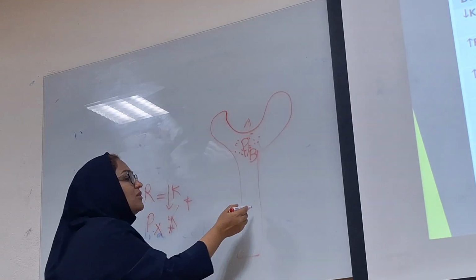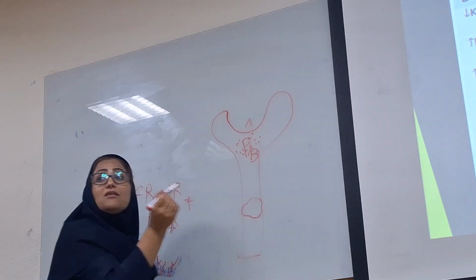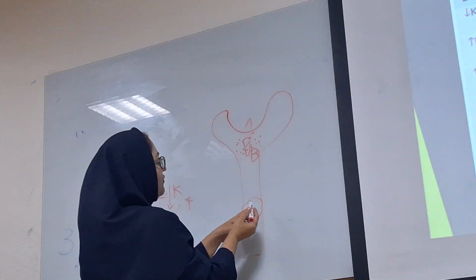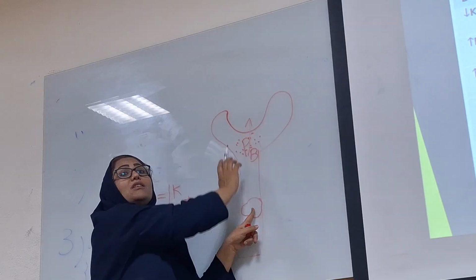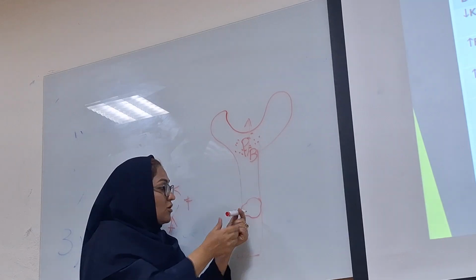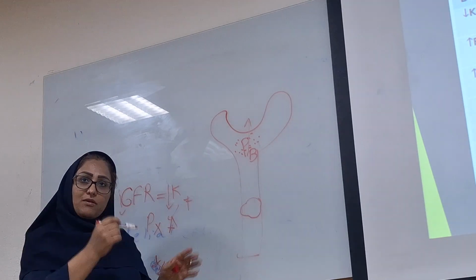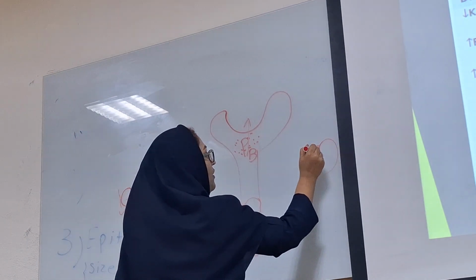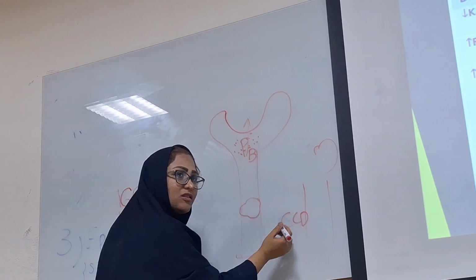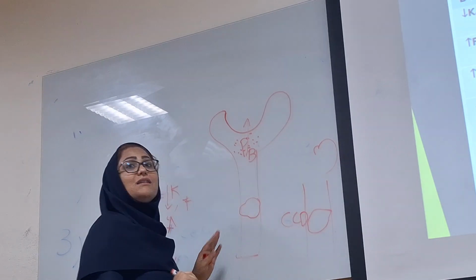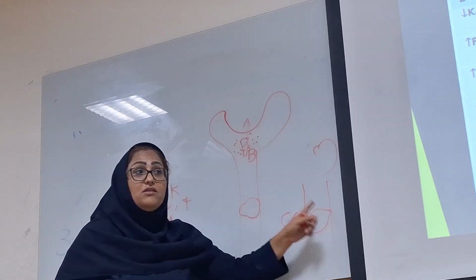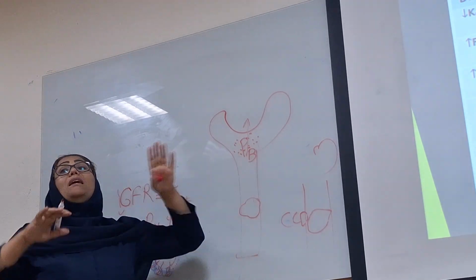PB increases as a result of a kidney stone at any point of a nephron. For example, suppose one stone is here; the function of this nephron is disturbed. Now suppose a stone is in a cortical collecting duct. In all nephrons connected to this cortical collecting duct, PB increases.